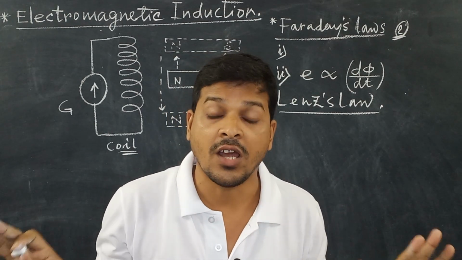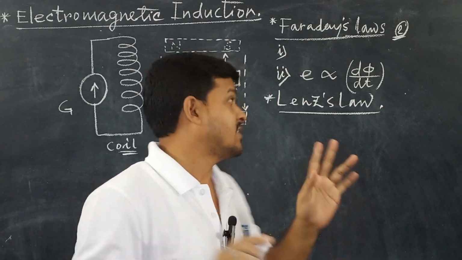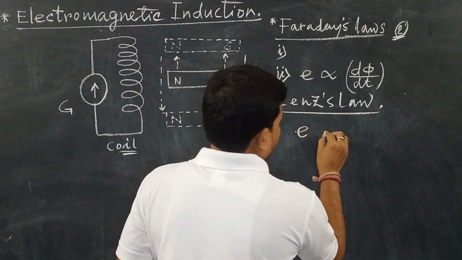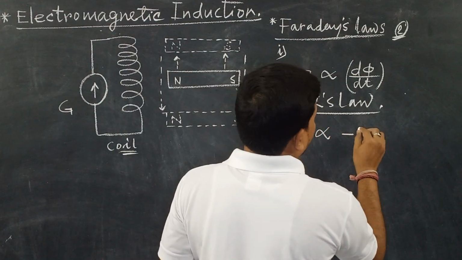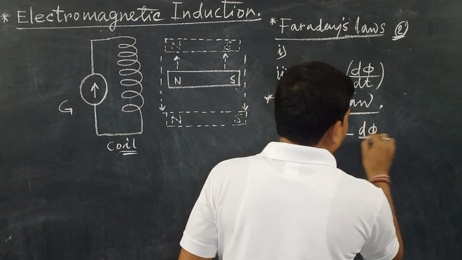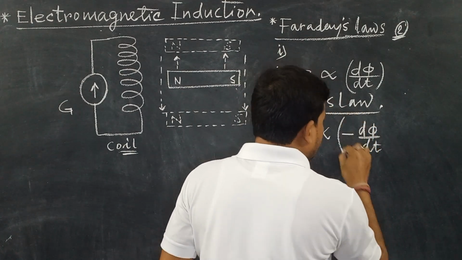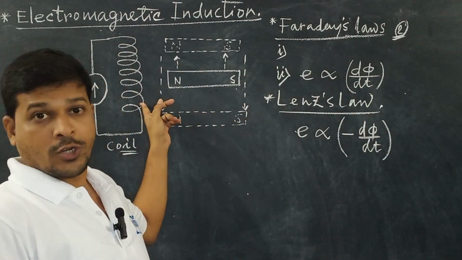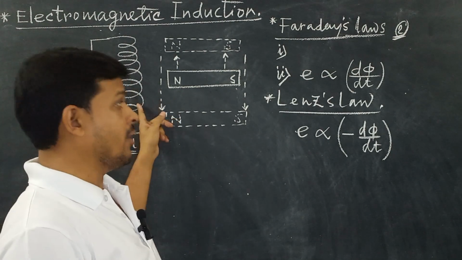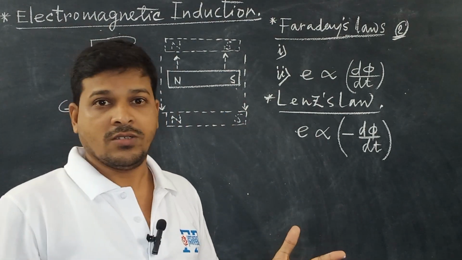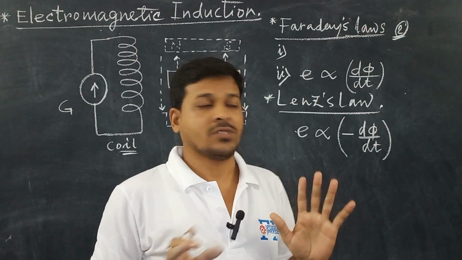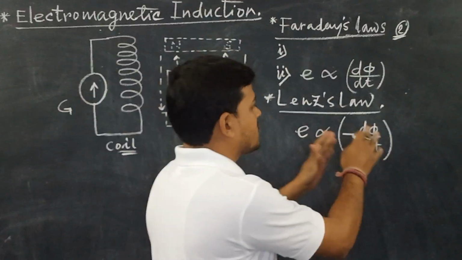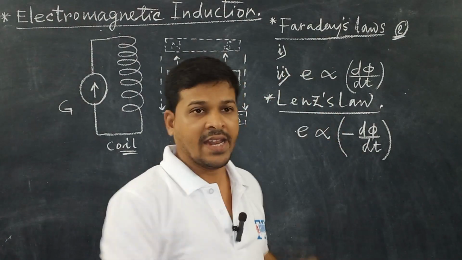Mathematically, a negative sign is introduced according to Lenz's law, and this negative sign indicates that the EMF induced in the coil opposes the cause. That's why E is proportional to minus d phi by dt. Negative sign for Lenz's law.